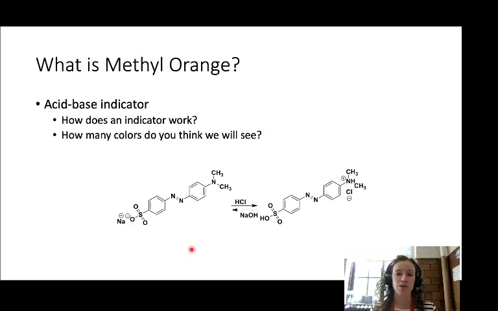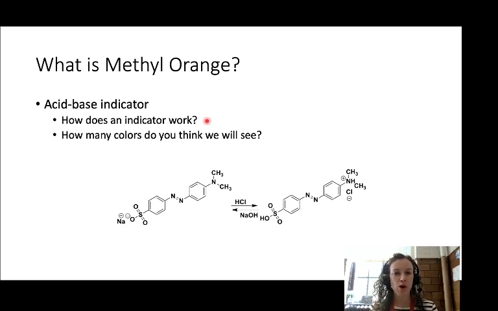To wrap up this week, folks, let's talk a little bit about methyl orange itself, our product, our beautiful product. It is an acid-base indicator. Maybe you've used it already in your general chemistry labs as a pH indicator. How exactly do indicators work? They change color when their protonation changes, right?